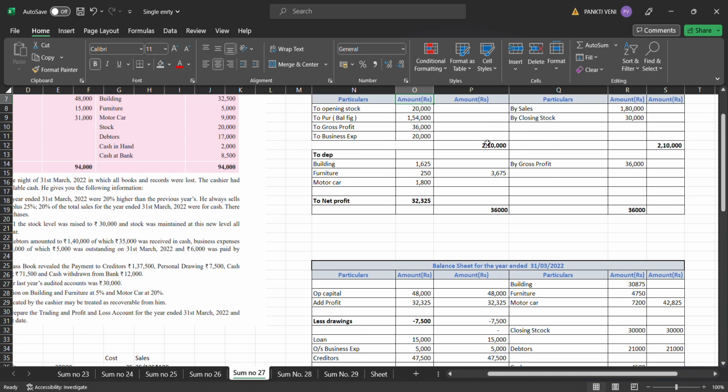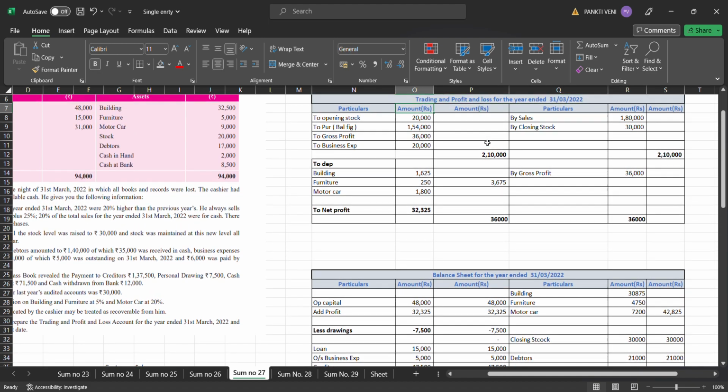Creditors. 36,000 is my gross profit. Out of that, business expenses I have not considered, so I'll have to consider business expenses also. So I'll take from row number 11.